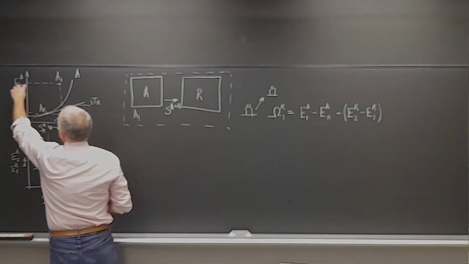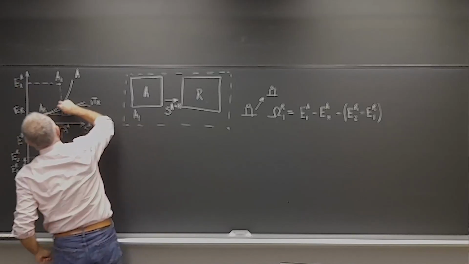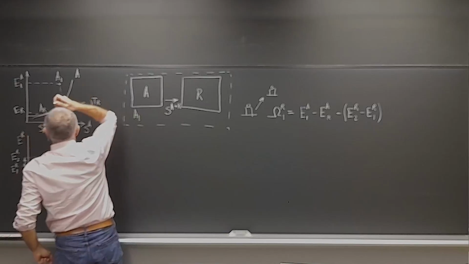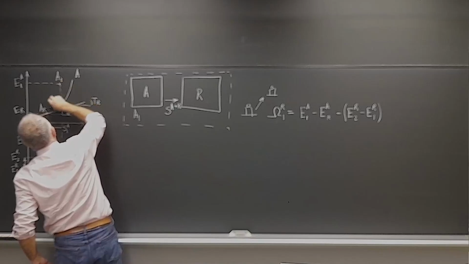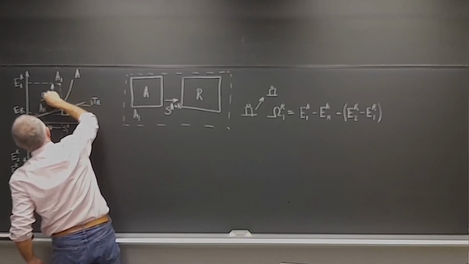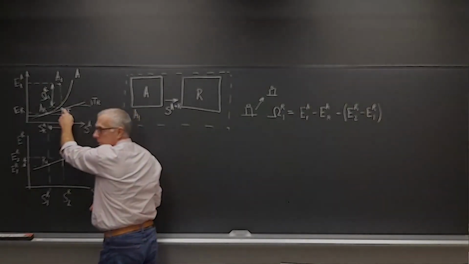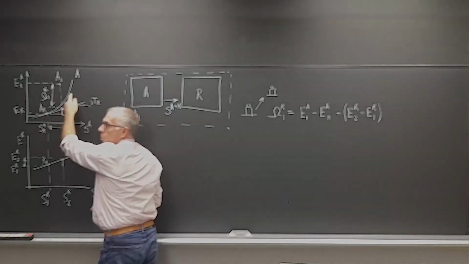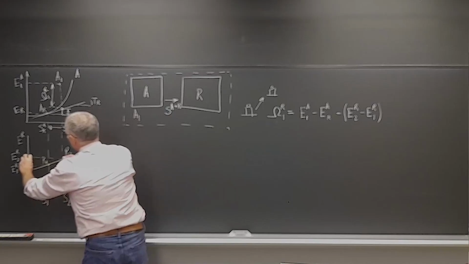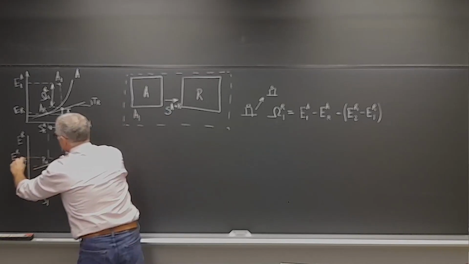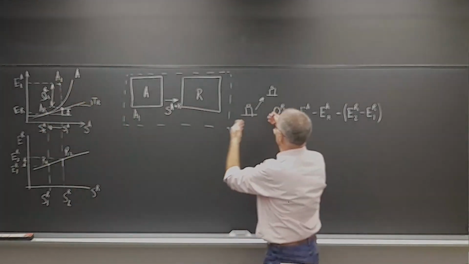So you subtract from this energy difference, and what you are left with is again, you see from this point to that point, and that's omega 1R. Notice that this point is a geometrical construction. It doesn't correspond to a state because it's below the stable equilibrium state curve. It's just the construction of translating this energy difference into there so that I subtract it from the segment that represents the difference in energy for the reservoir.